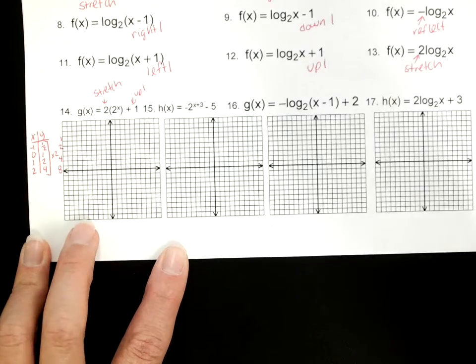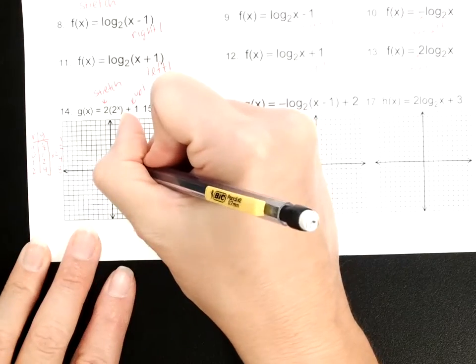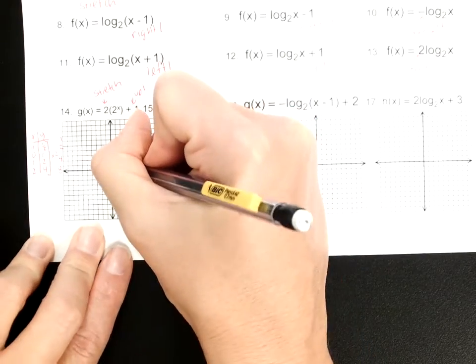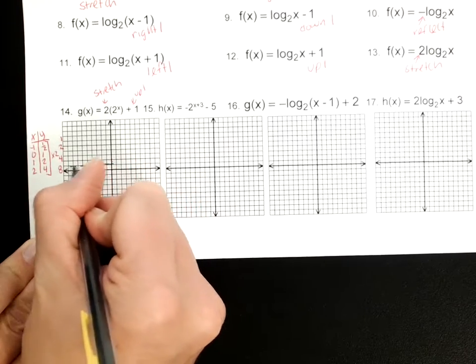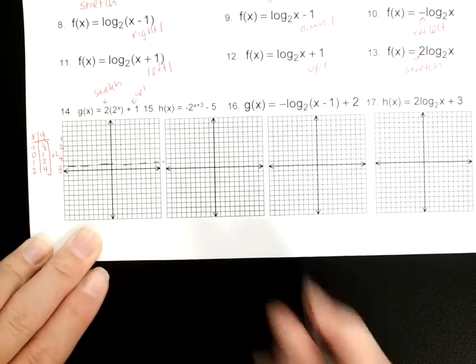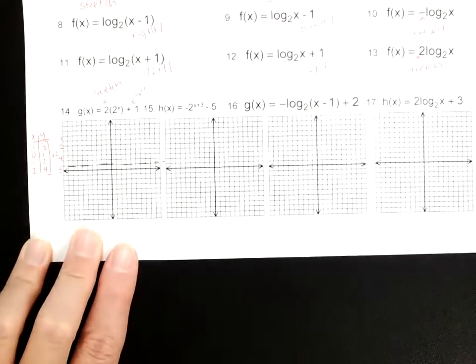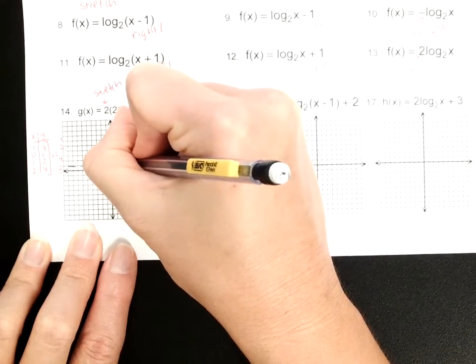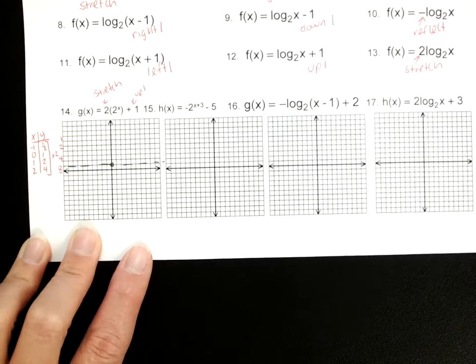After that, I'm going to identify where my asymptote is. I've moved up 1, and then I haven't done anything else. And remember with the exponential, it's a horizontal asymptote. So I'm going to go ahead and draw this little dotted line here to help me remember. After that, your new 0, 0 is still right here. All I've done is move 0, 0 up 1.